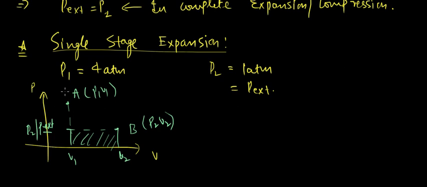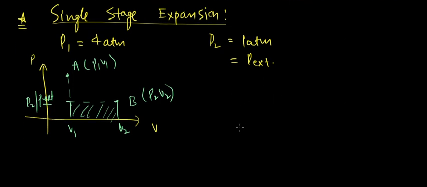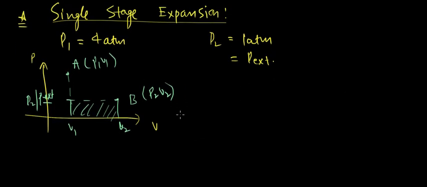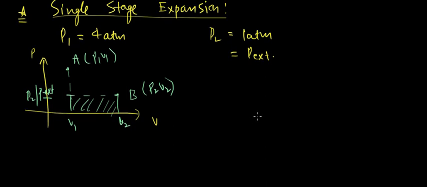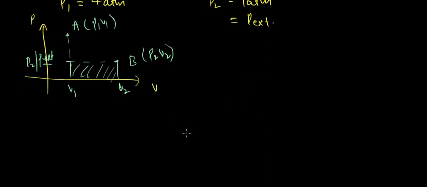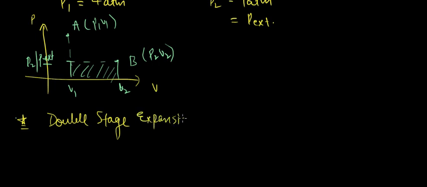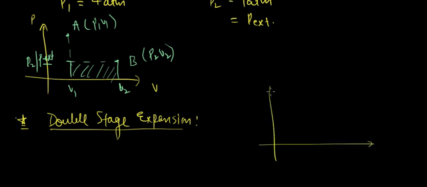So this is the case for single stage expansion, and in case of double or n stage expansion we'll have a different type of graph. Suppose we have a double stage expansion, so the graph would look something like this.